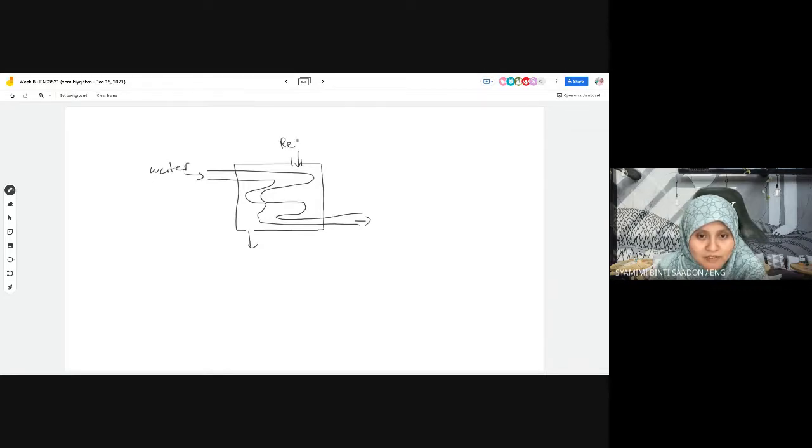And the refrigerant, R134a. They are going to exchange heat inside this heat exchanger, and the process is what we call condensation. So this is the inlet and outlet of the refrigerant R134a. This is the water inlet, this is the water outlet.